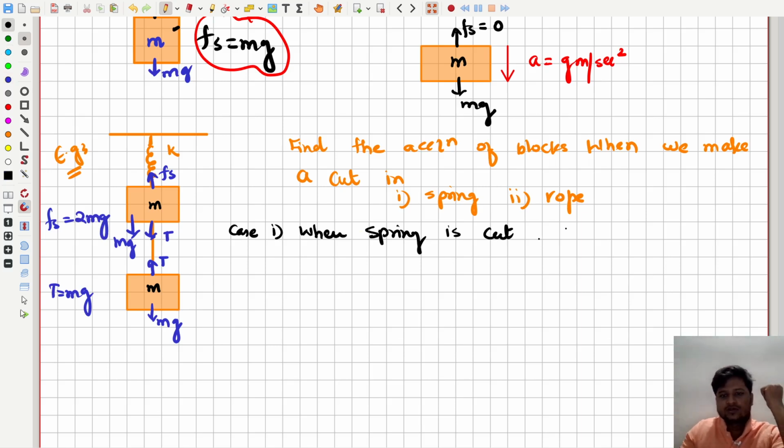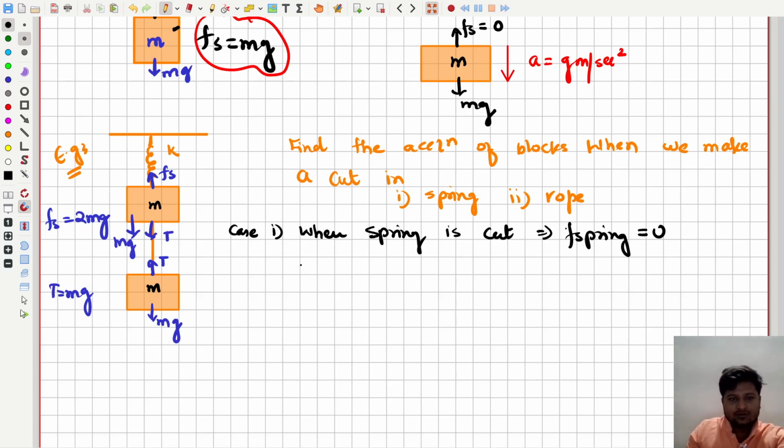Your spring force will immediately become 0. And when the spring force immediately becomes 0, what will happen? These two blocks, since the rope is not any kind of rigid rod or something like that, all of them will start to fall with an acceleration g.